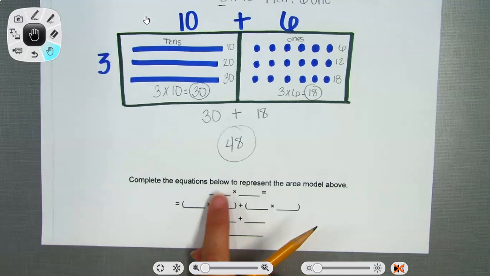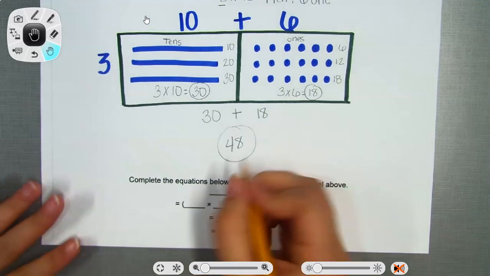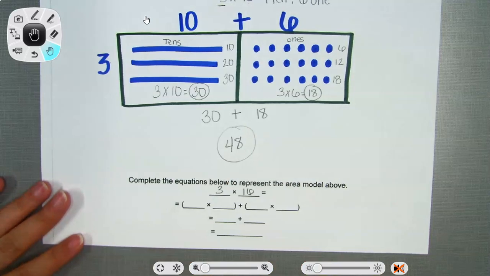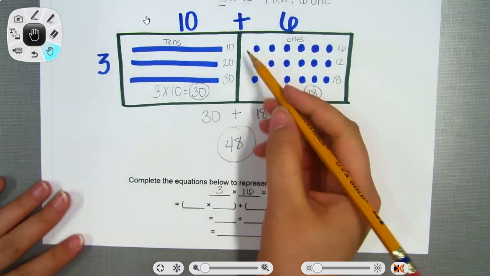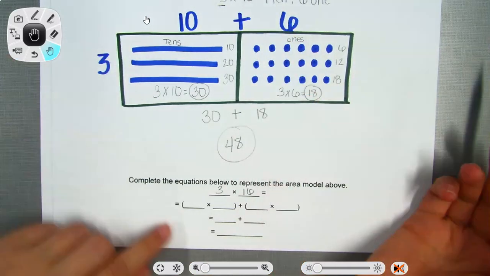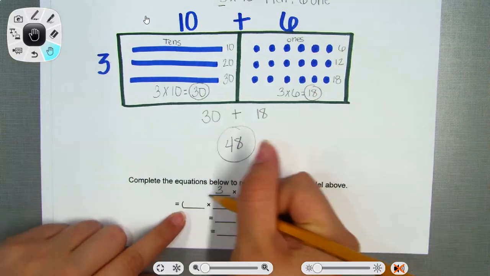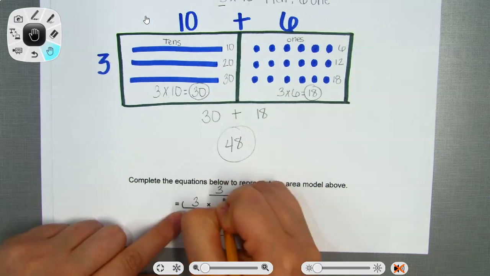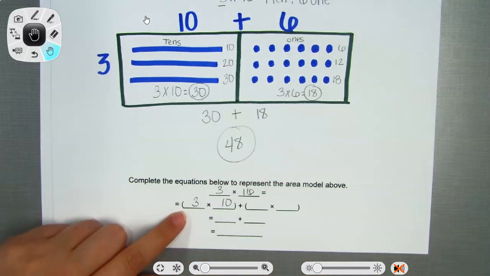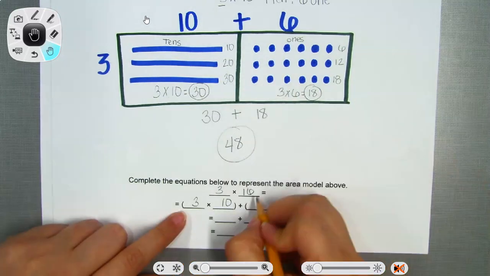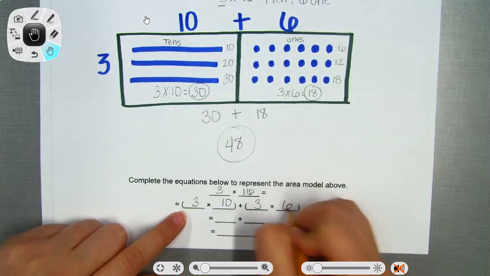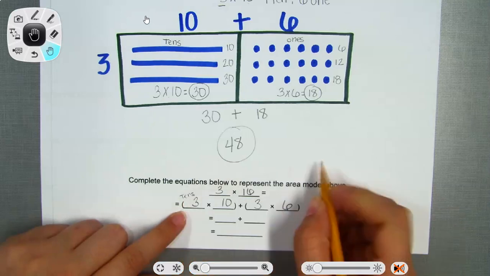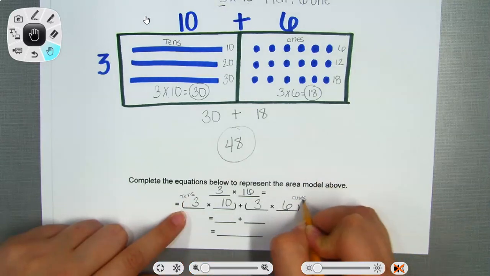Okay, so to first start off, I was doing 3 times 16. Okay, and then what I did next is I separated my tens and ones. That's what this is showing. So I did 3 times 10, and then I multiplied my ones, which was 3 times 6. Okay, so this is my tens, this is my ones.